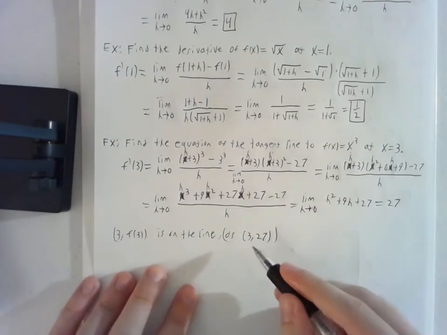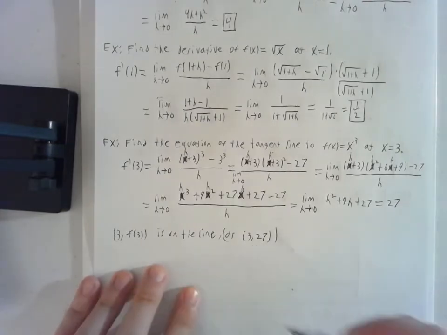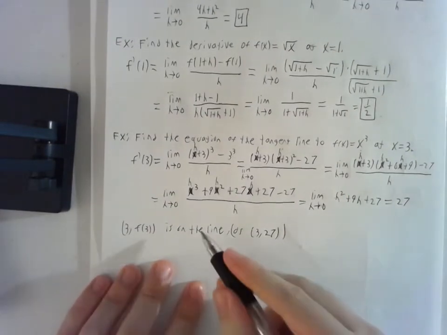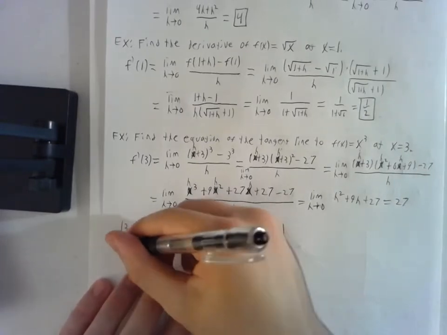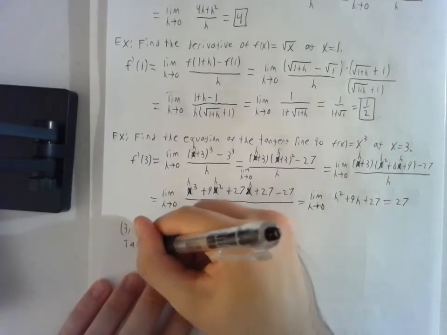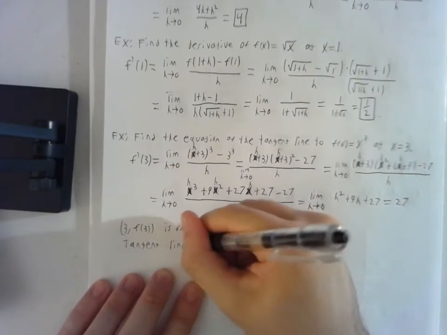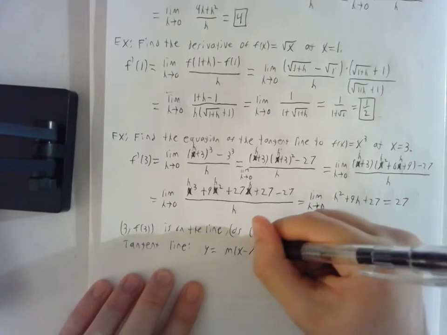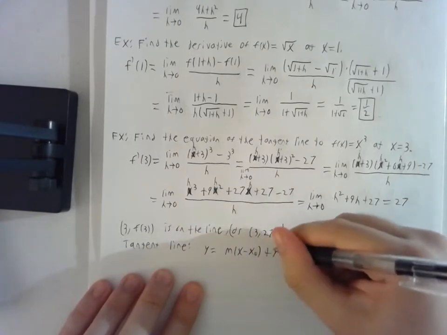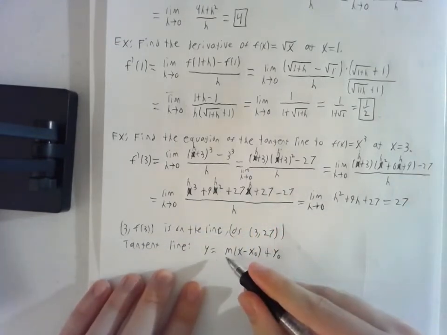And so now we can use the point-slope formula to find the equation for the tangent line. So we have y equals m times (x minus x0) plus y0. m will come from the derivative that we calculated, so the slope is 27.